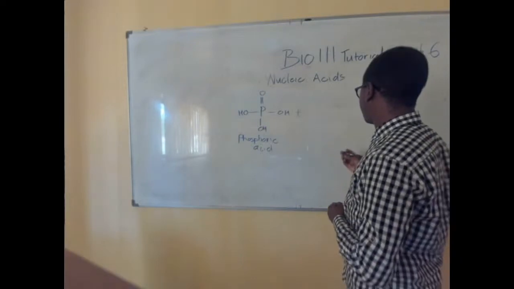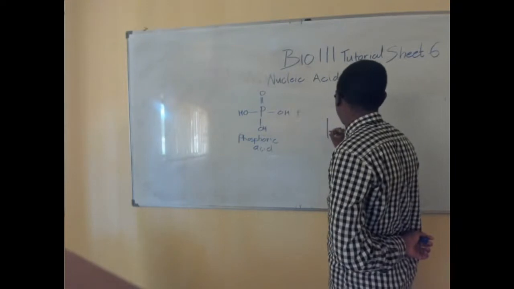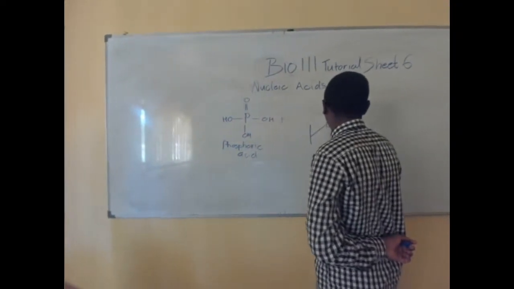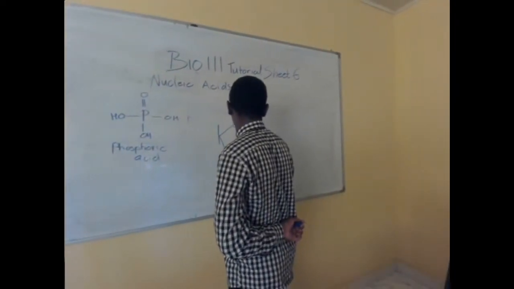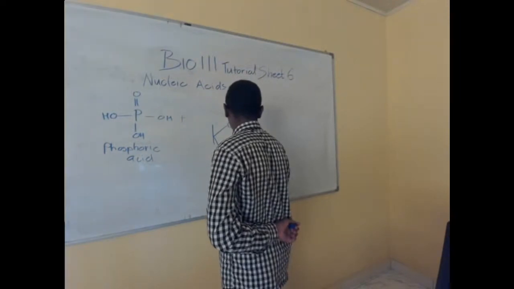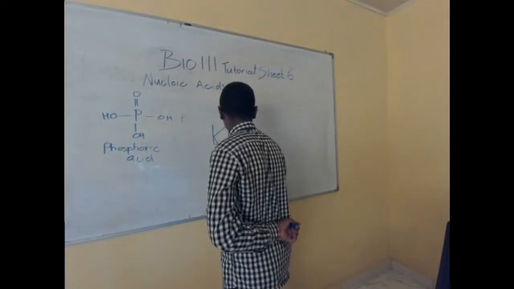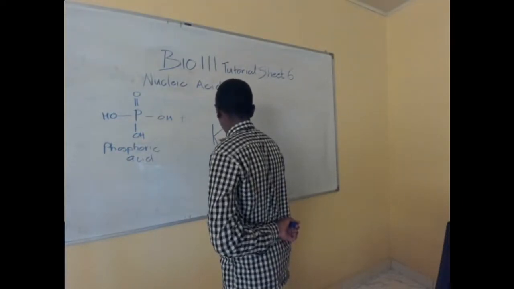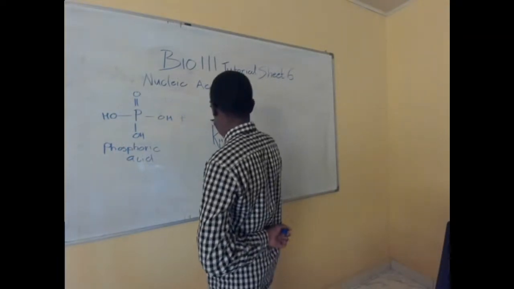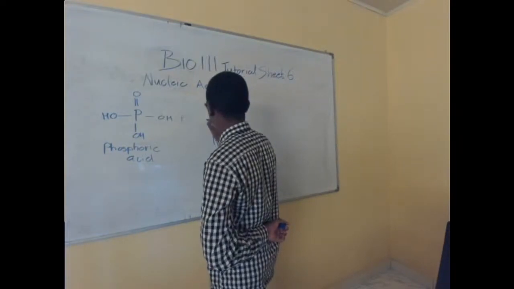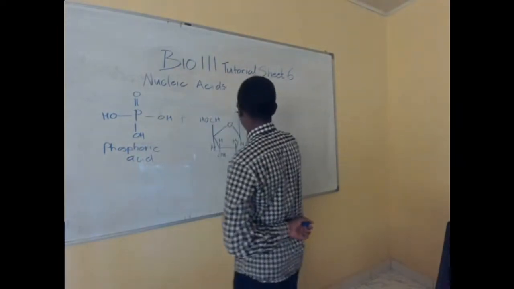So for example, let's say we are working with adenine. So we know that in a nucleoside we have a pentose sugar. Okay, so we have our pentose sugar there, which is attached to adenine.